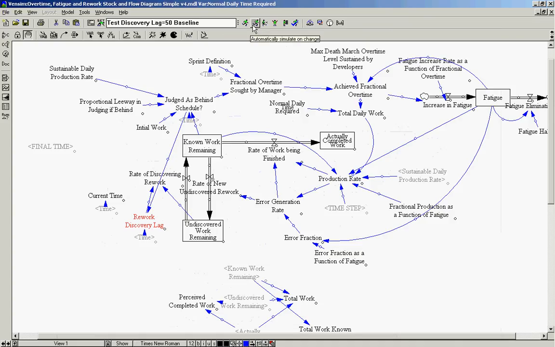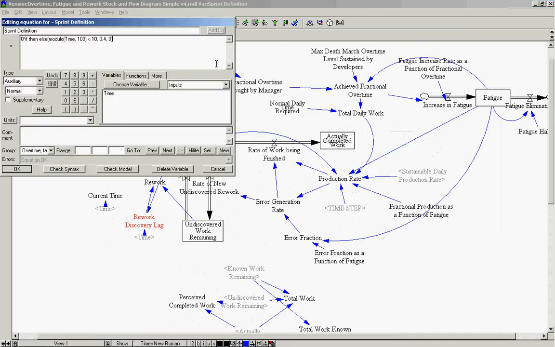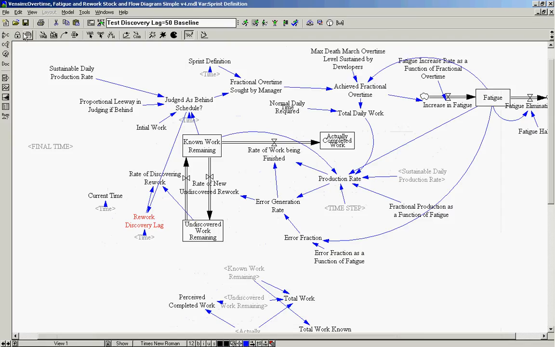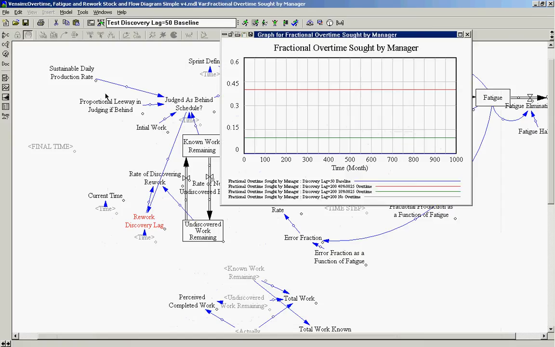One thing you can do, for example, is adjust the level of work that's required by a manager. So, for example, here the sprint definition, how frequently you're in a sprint. So in some of these cases, I have the manager just demanding large amounts of overtime.